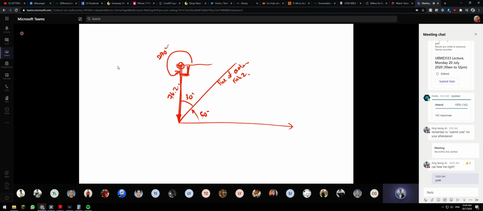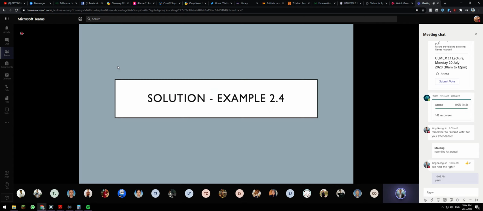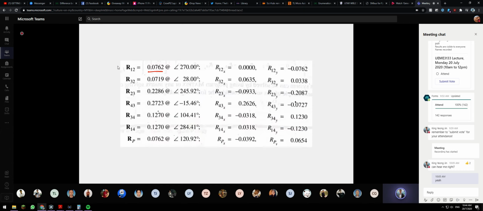So that leads us to the angle here, 270. So when we calculate, R12 is 0, R12x is 0, R12y is negative 0.0762. Okay, there's a negative because it's pointing down.